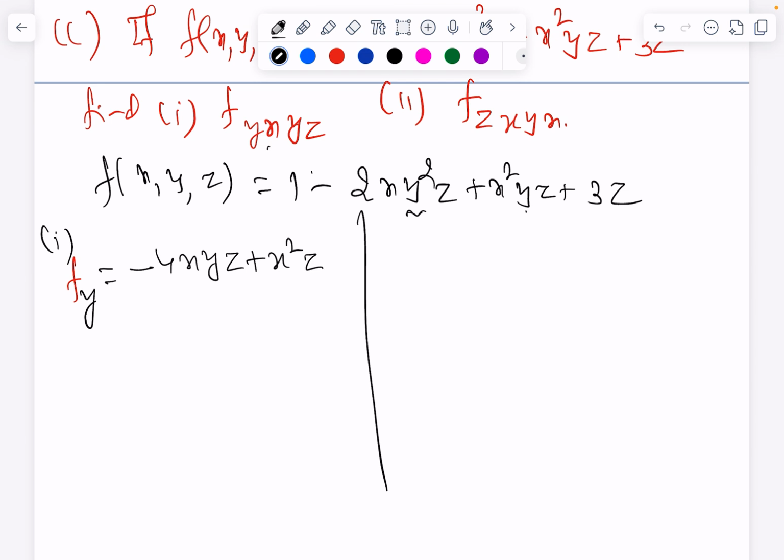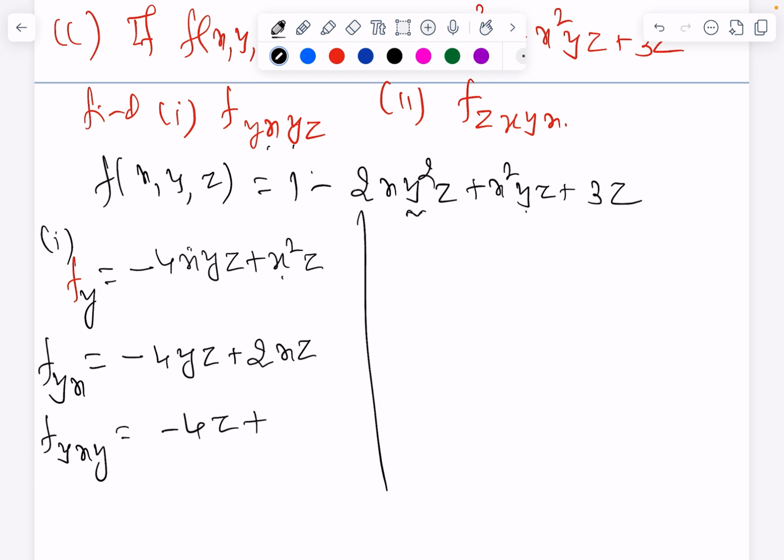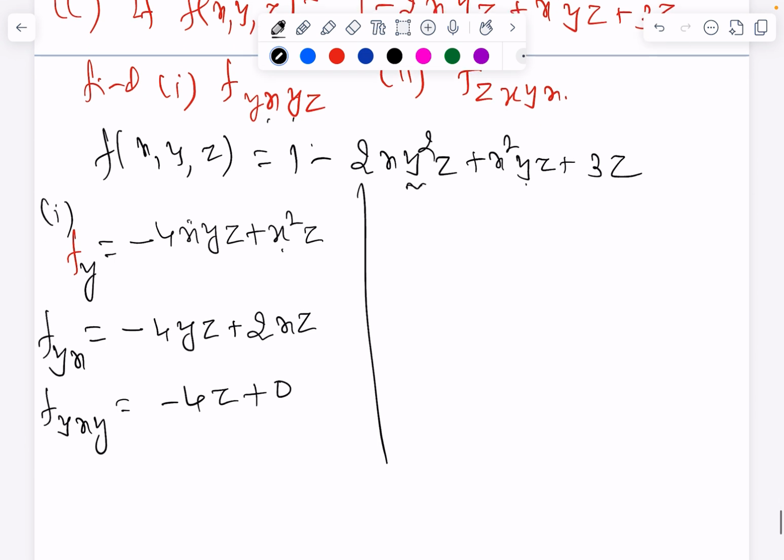Now with respect to x, so with respect to x, minus 4yz plus 2xz. Now with respect to y, so minus 4z plus 0. And now with respect to z, so minus 4.